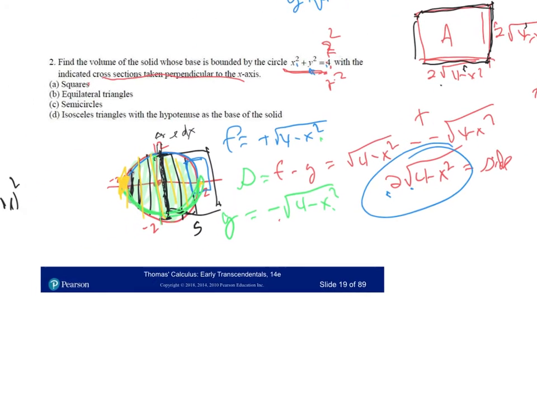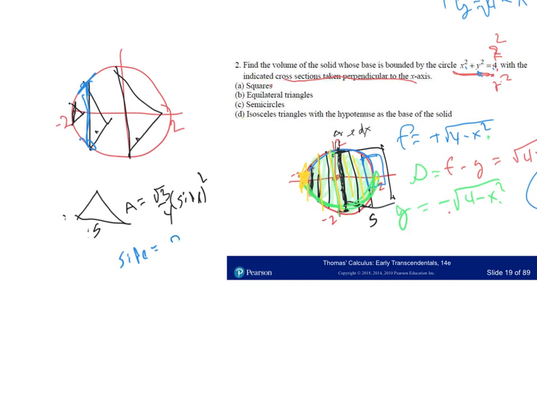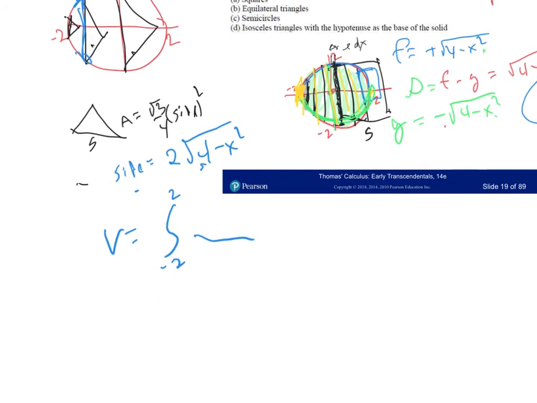Why should I do all that work again? 2 times the square root of 4 minus x squared. That's the side in terms of x's. Here goes. Let's get the work done. Volume will be, my inner limits will still be -2 to 2. No, it won't.